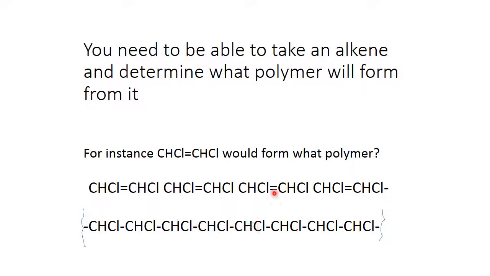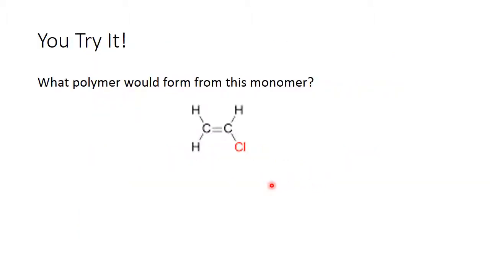The double bond is gone from it, and now it's connected to the next monomer. The double bond is gone here, and now it's connected to the next monomer. And then here's the double bond, and the double bond's gone, and it's connected now to some junk over here. So you see that is showing a picture of the polymer, and that's how you would demonstrate what polymer would form. So look at this and try and figure out what polymer would form from this.